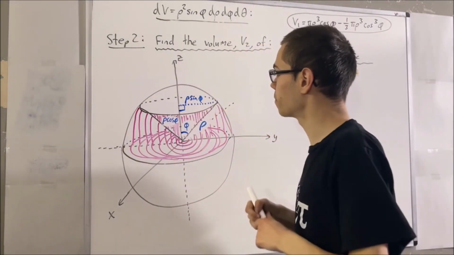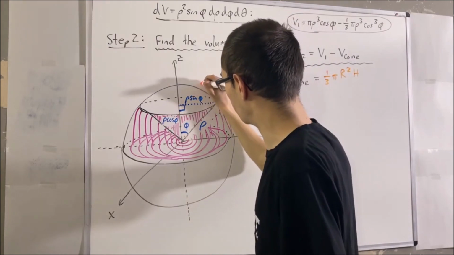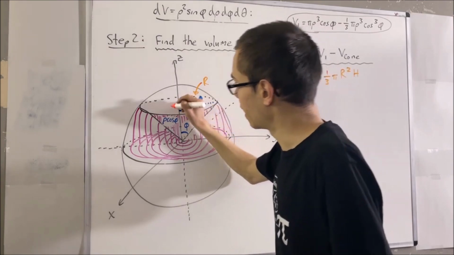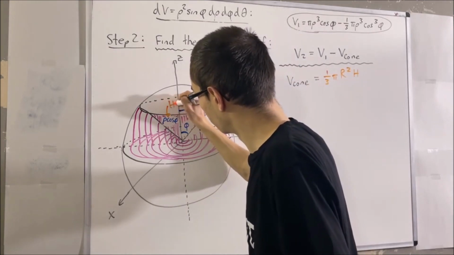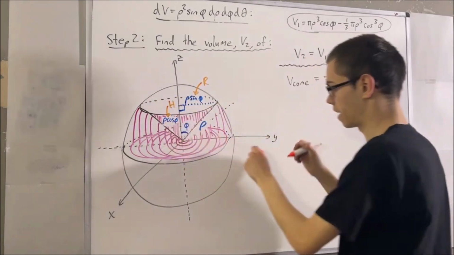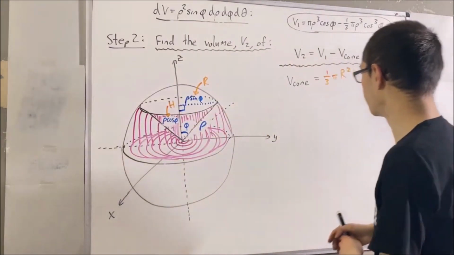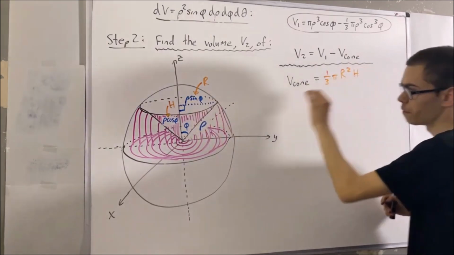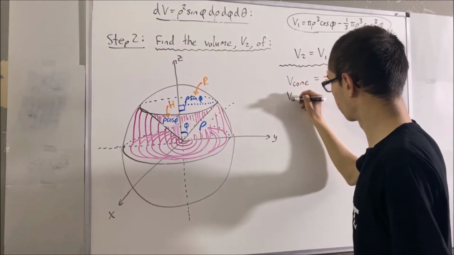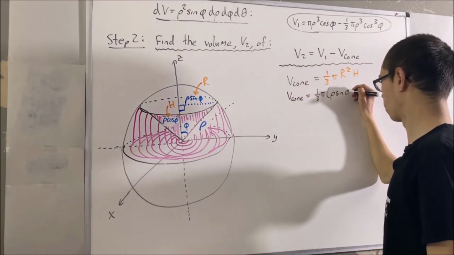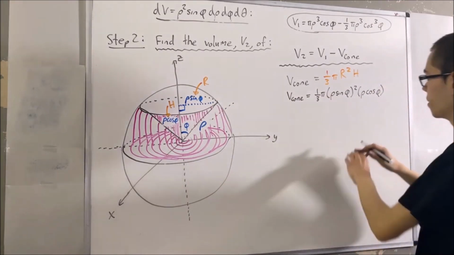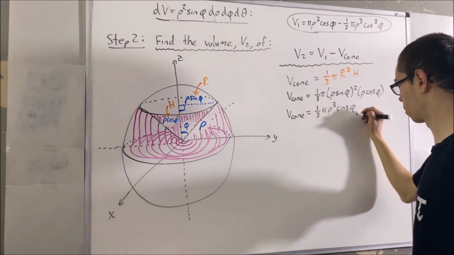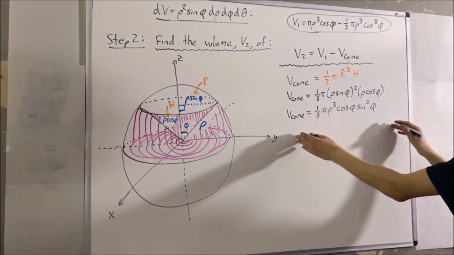Therefore, we can see from this that the radius of the cone is rho sine phi, and the height of the cone is rho cosine phi. Therefore, we can substitute r for rho sine phi and h for rho cosine phi. And then if we were to simplify this, we would get this.